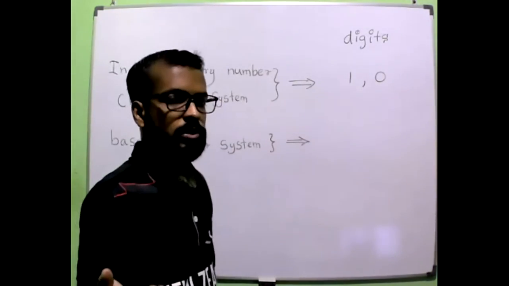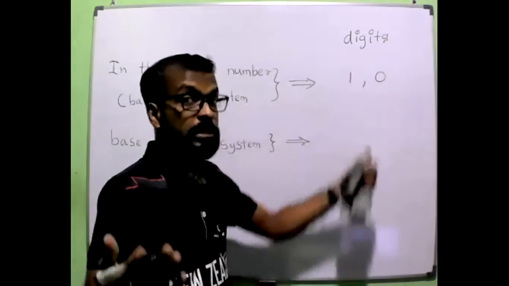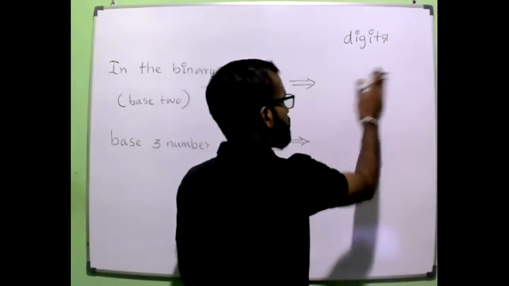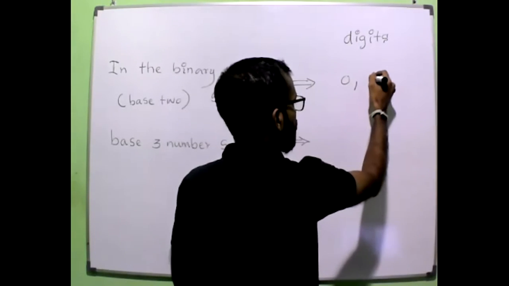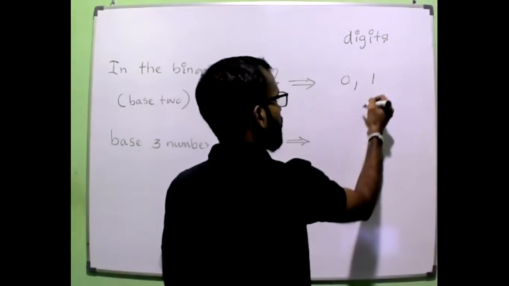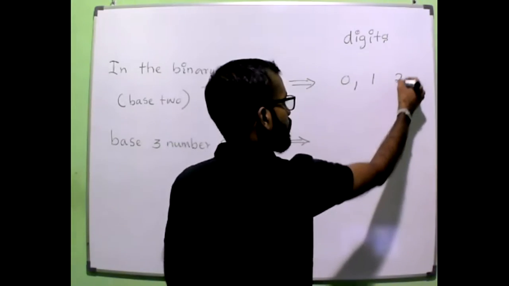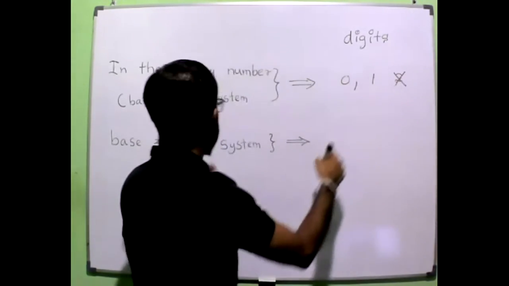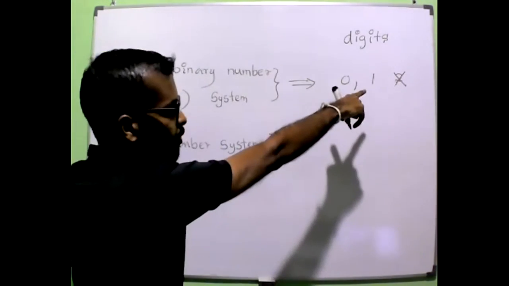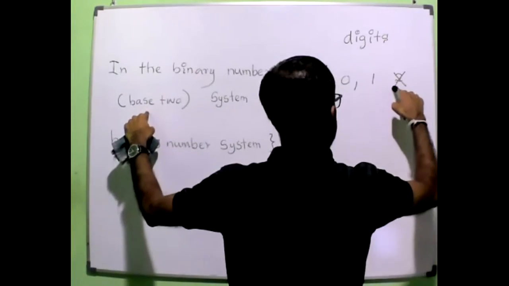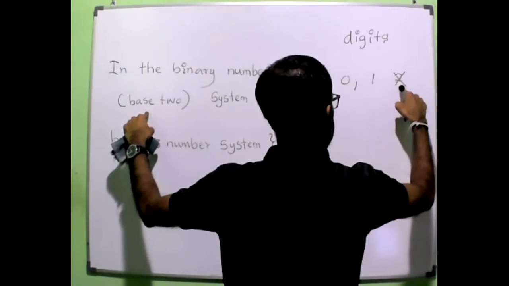What could be the numbers that you are using? What could be the digits? Here you are using, so I will write this, 0 1. Then you can get the pattern. 0 1 and 2. You are not using 2, right? The base is 2, but you are not using 2, right?